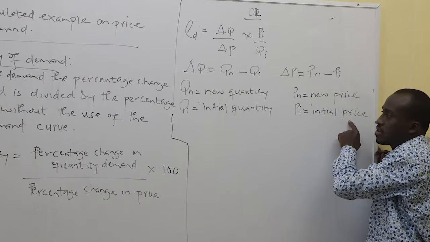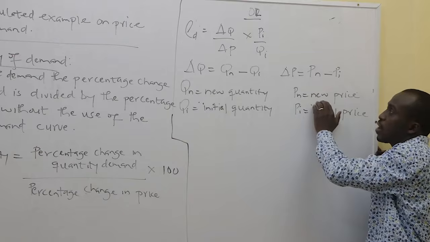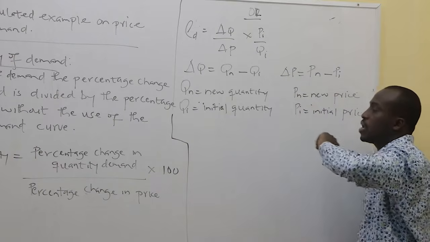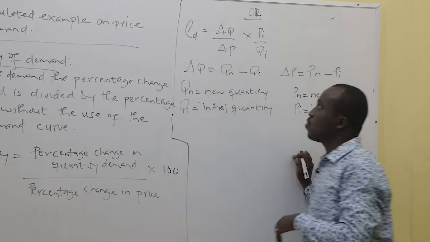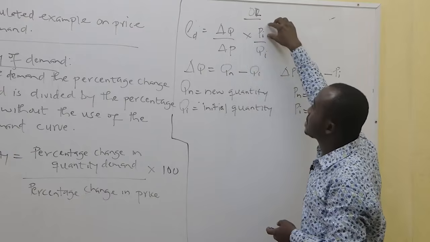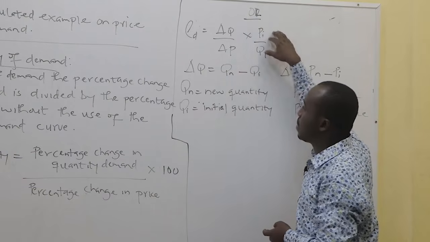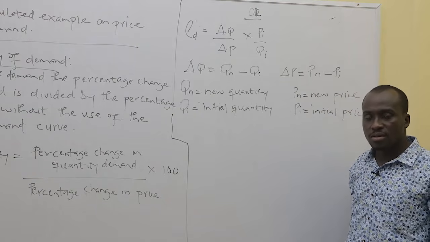It is the initial price, right? So if you subtract the initial price from the new price, you're going to get a change in price. If you subtract the initial quantity from the new quantity, you're getting the change in quantity. So if I get the change in quantity over change in price, times the initial price over the initial quantity demanded, you're going to get your point elasticity of demand, right?